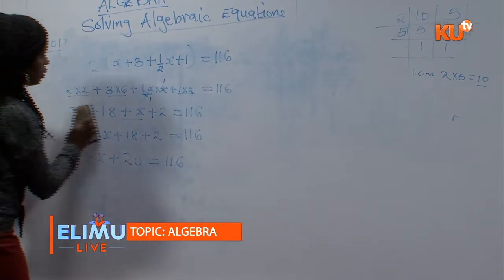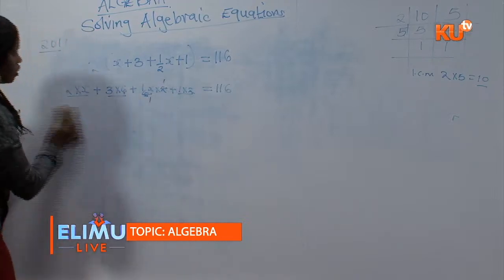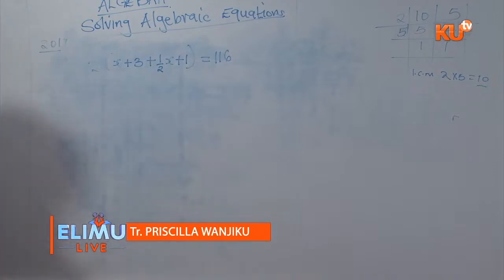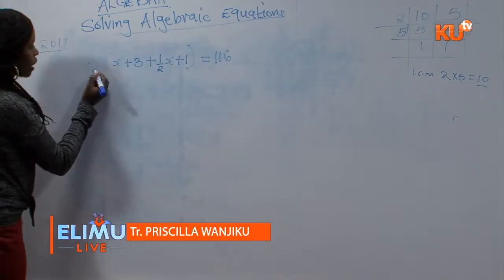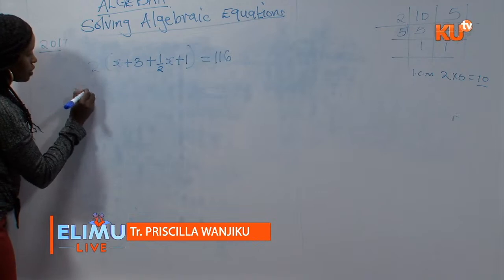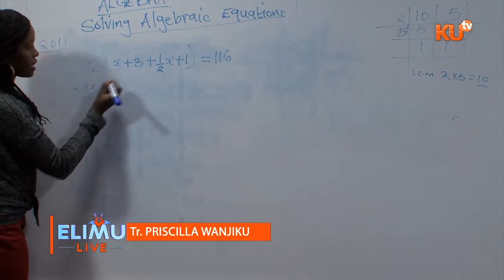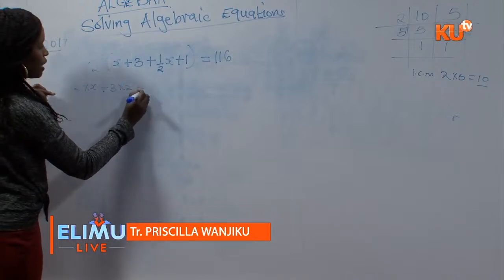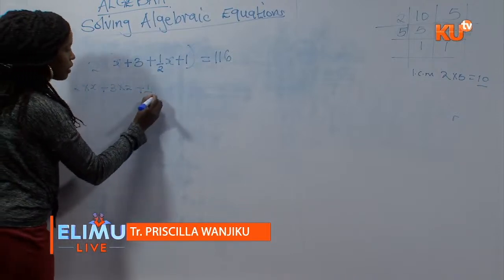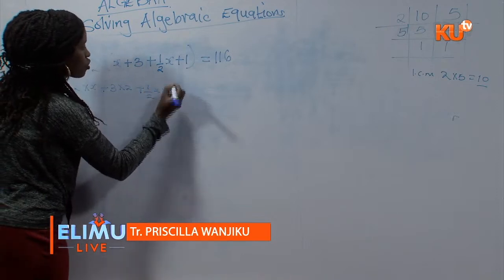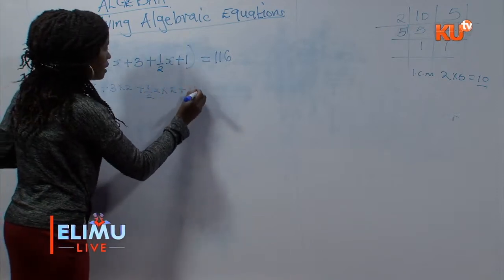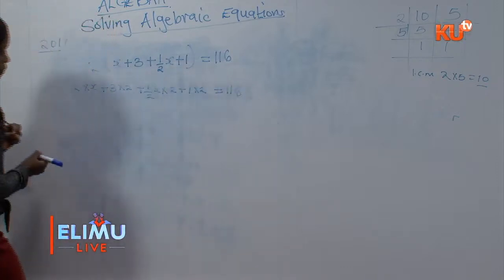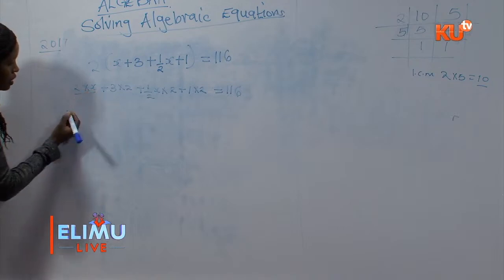Oh, yes, sorry. Let's go back a bit. 2 times x plus, this is 3, I multiply by 2, plus a half x times 2 plus 1 times 2 should give us 116.